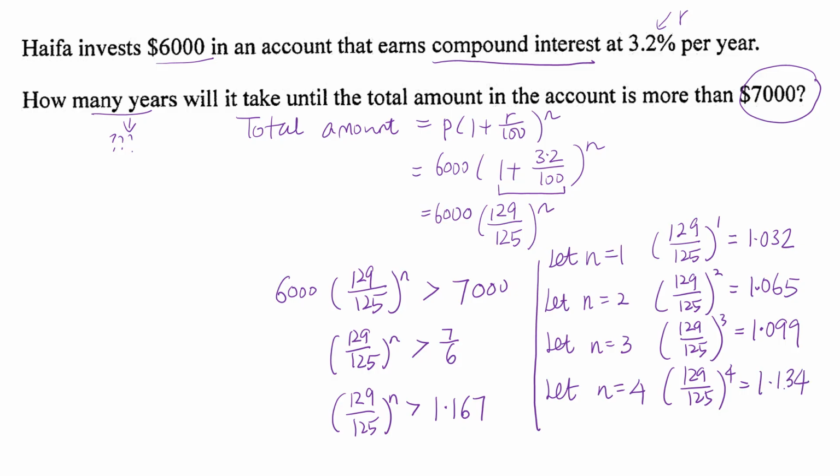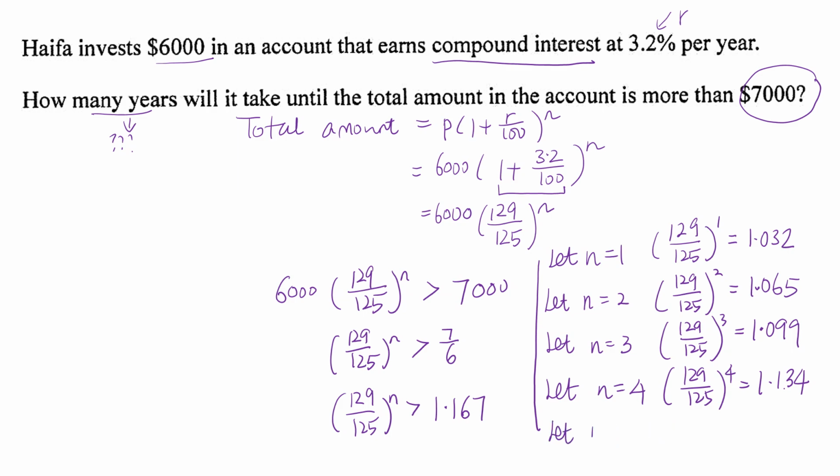For n equals 4, we get 1.134, which is still less than 1.167. So we have to continue.